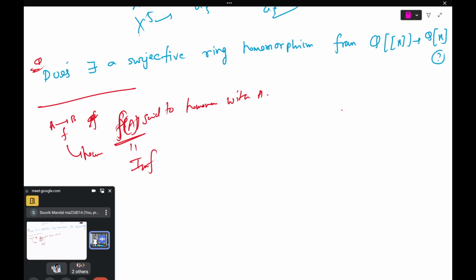Now the problem in the assignment is: does there exist a surjective homomorphism from Q[x] to Q[[x]]? Okay, this is the question.